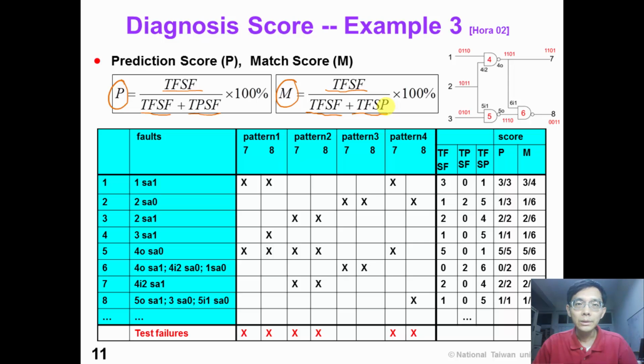The higher the score is, the better the match or prediction they are. Given the same circuit and the same test failure, we can calculate the diagnosis score for the circuit. For the first fault, we have 3 TFSF, 0 TPSF, 1 TFSP. The P score is 3/3. M score is 3/4. We can do this for all the other faults in the circuit.